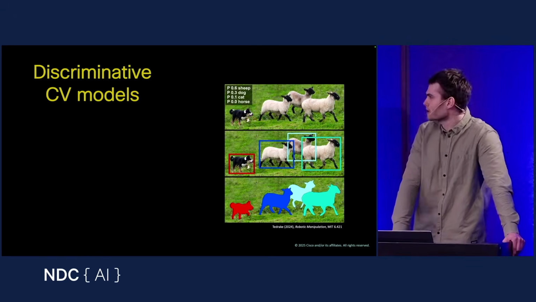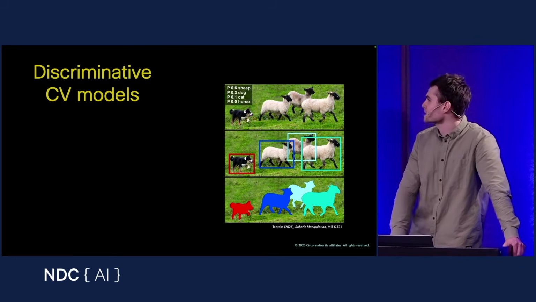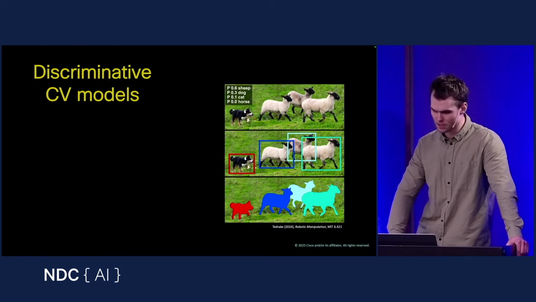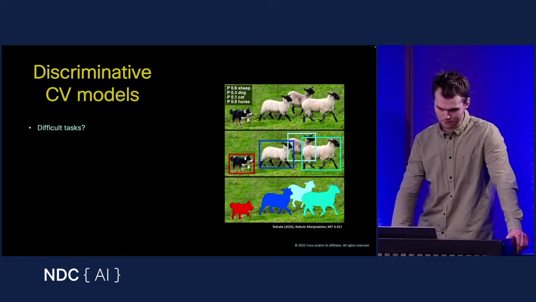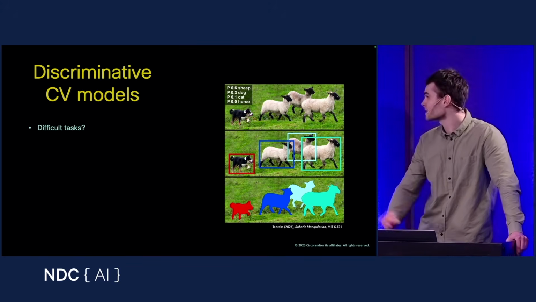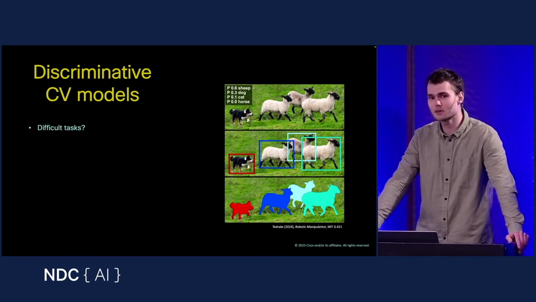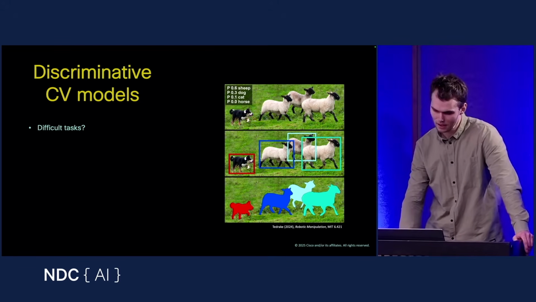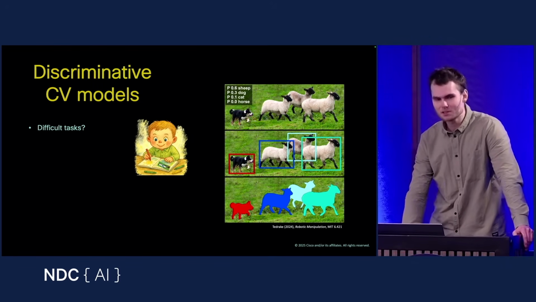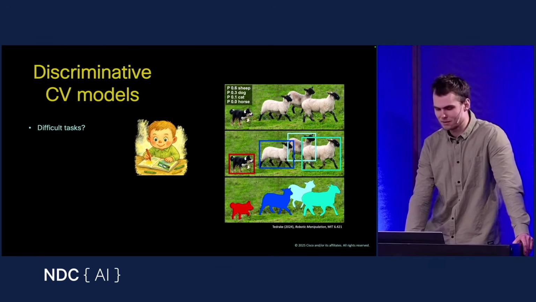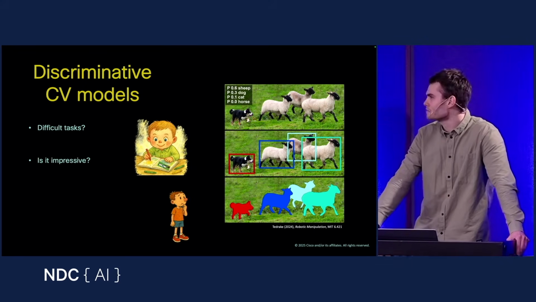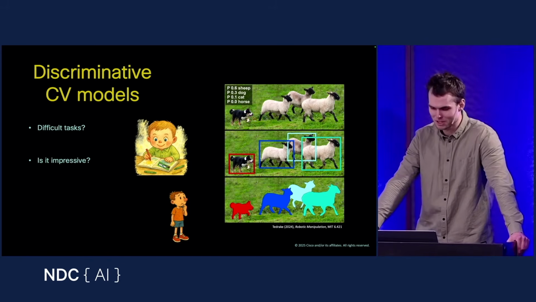So discriminative computer vision models are doing things like classification and bounding boxes or even segmentation. And are they difficult? Absolutely. For computers, if you know how you do this, this is very impressive stuff. But they're still trivially solvable by a toddler. And I think that just makes it less impressive to us humans.